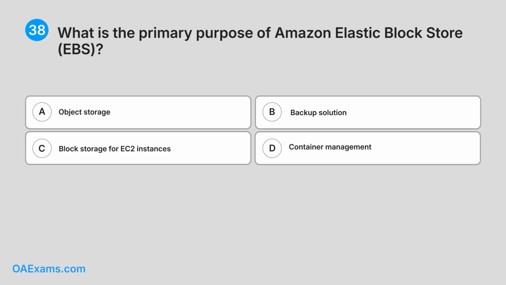What is the primary purpose of Amazon Elastic Block Store, EBS? A. Object storage. B. Backup solution. C. Block storage for EC2 instances. D. Container management. Do you know the answer?